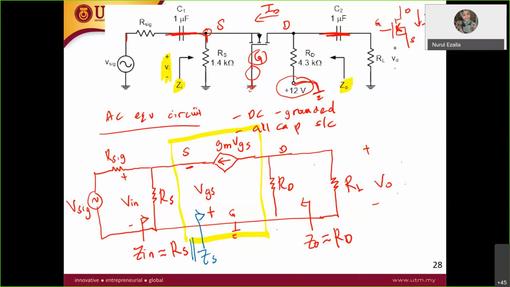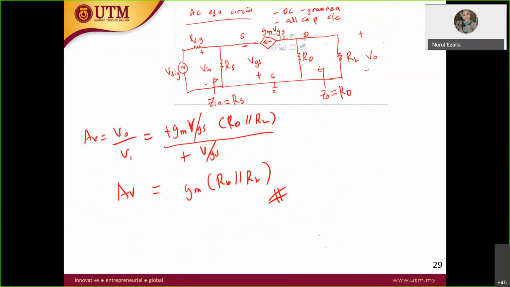So I missed this one, but I will explain it here. For the ZS, okay, this is the ZS. So ZS is equal to the V in over I in.